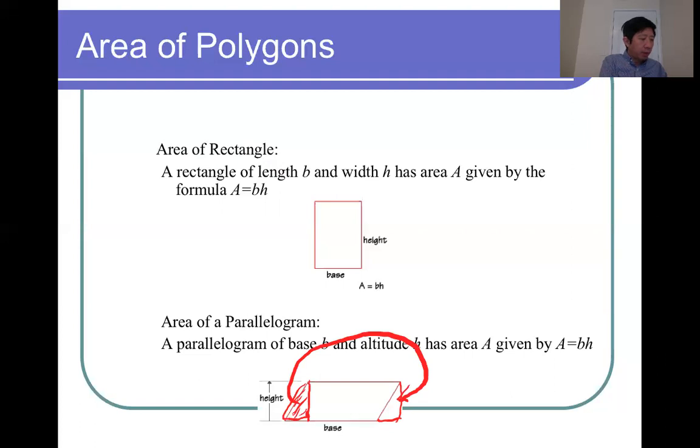A rectangle, right? That's why the area of a rectangle and the area of a parallelogram have the same formula. If you want to take a look again, we cut this triangle and move it over here, and you make it a rectangle, okay?